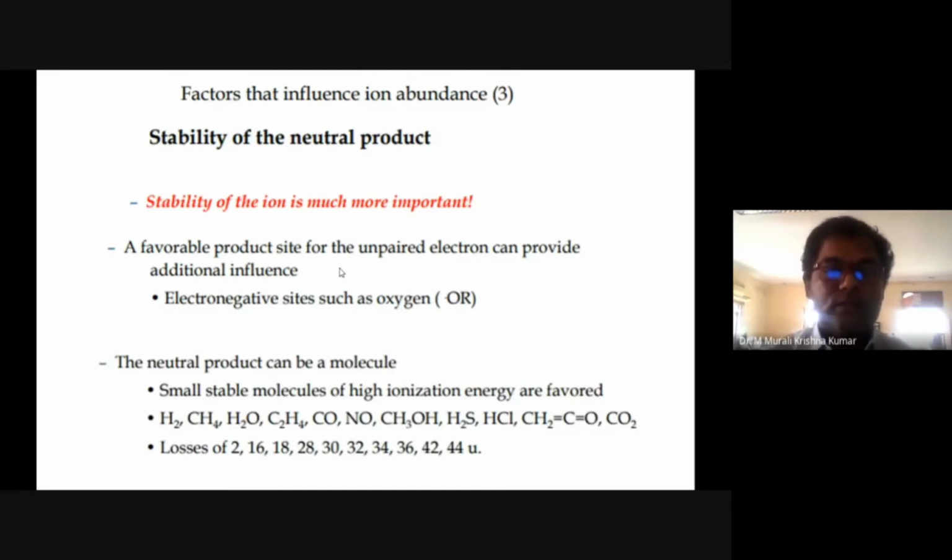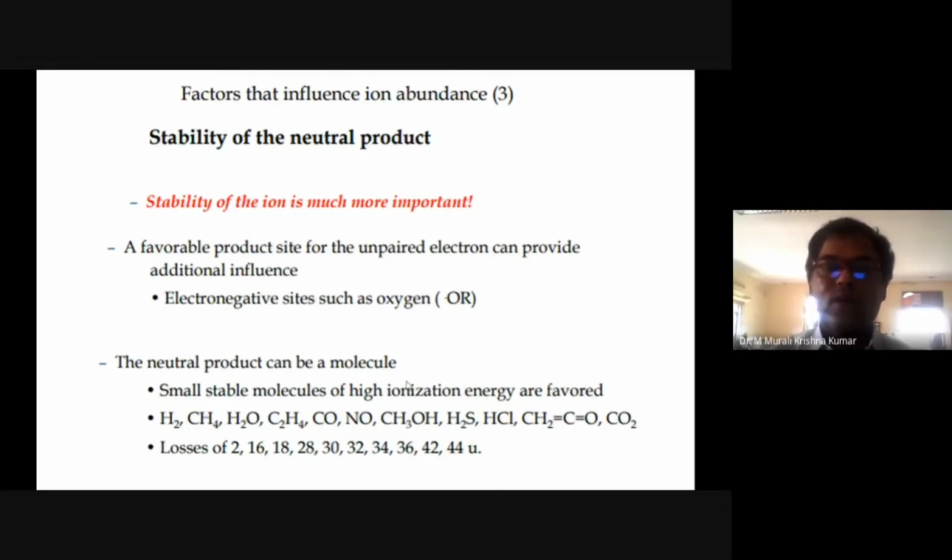So in case of the neutral products, small stable molecules of high energy are favored on the other side, like hydrogen, methyl, water, etc. All these are some of the fragments that are formed very easily. So in mass fragmentation, losses of 2, 16, 18, 28, 30, 32, 34, etc. are very common whenever the molecule has one or the other heteroatom.